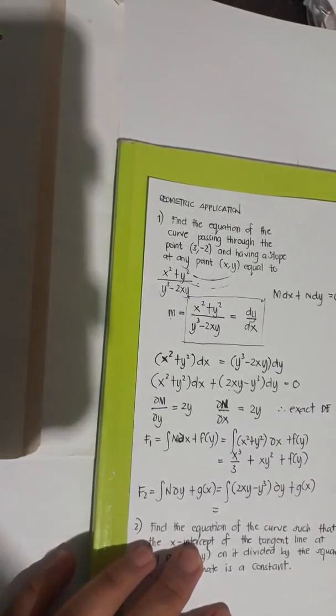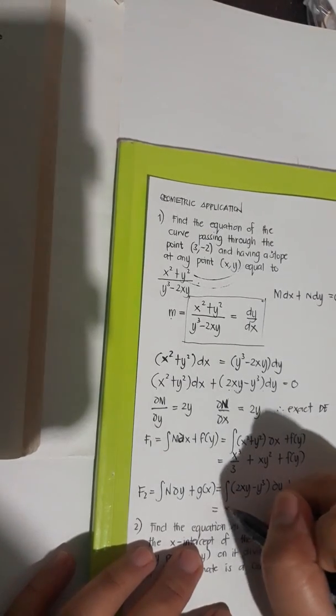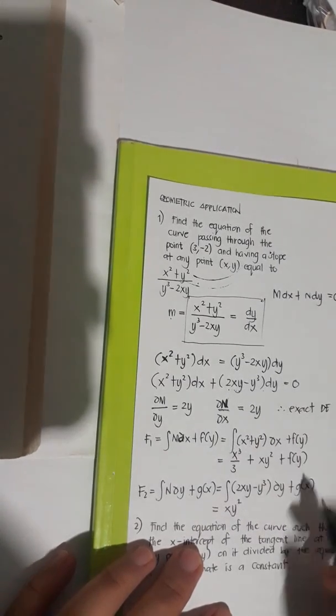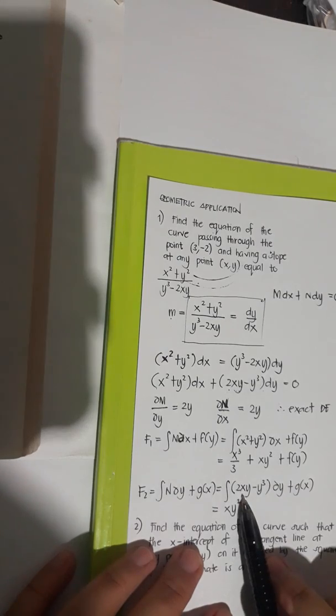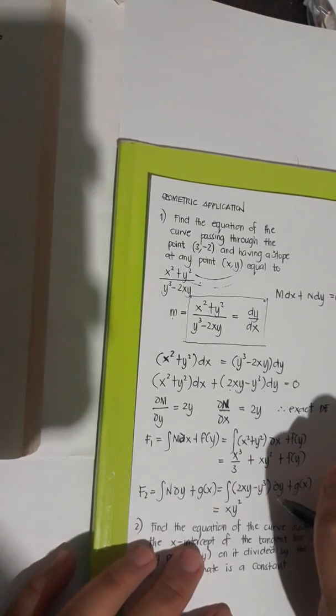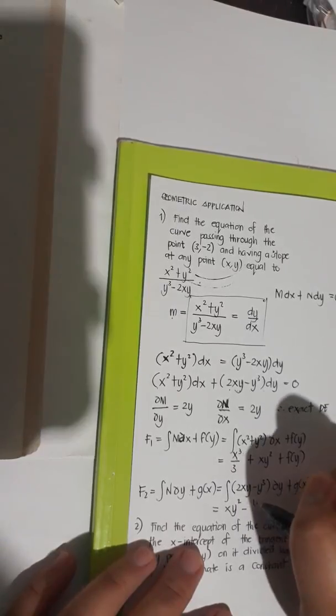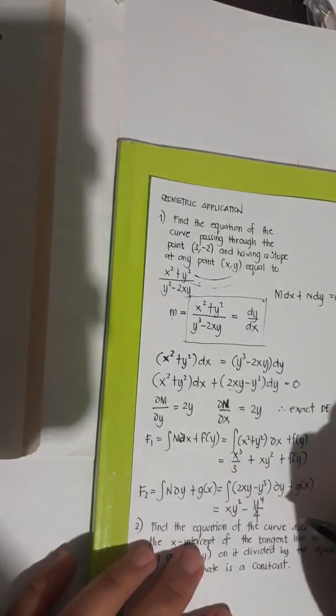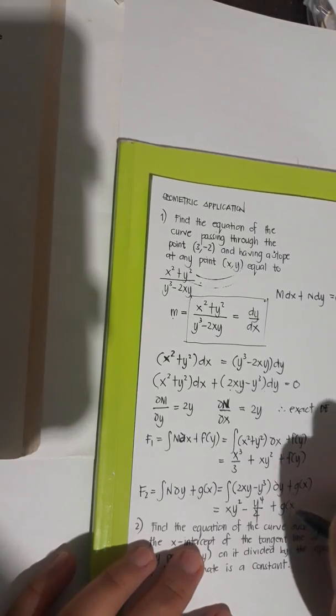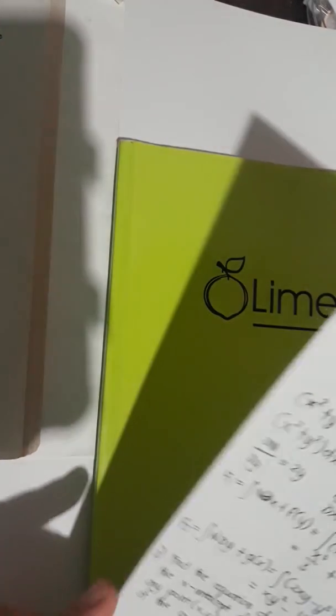So this gives xy squared, then negative y raised to 4 over 4, plus g of x. We will continue at the other side.